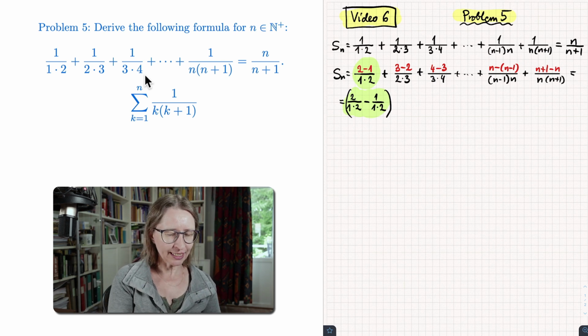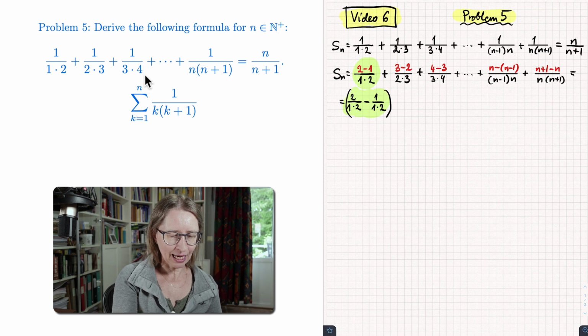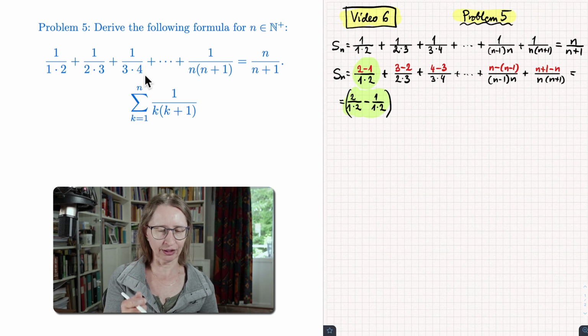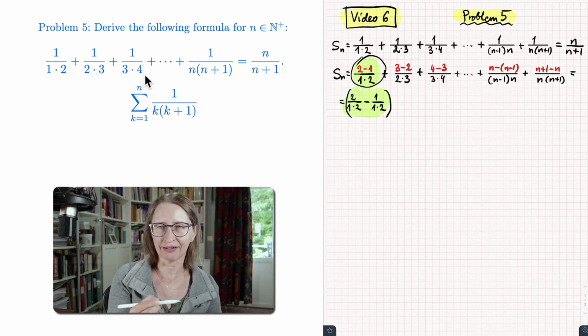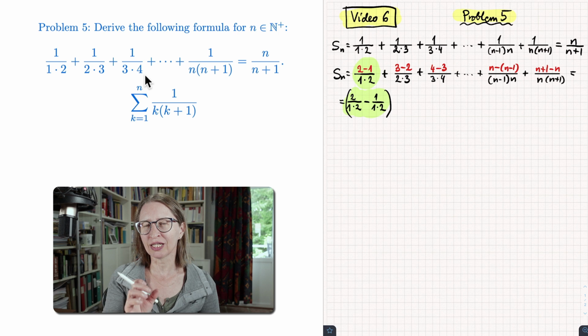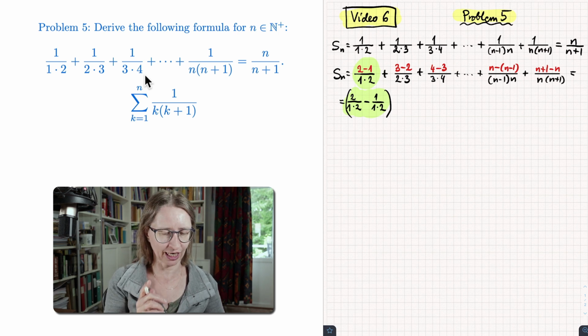Because you see here, I just have a difference of two fractions with the same denominator. And you know that if I already have the same denominator, I can subtract fractions by subtracting the numerators. And this is exactly what I get here. So you see it is exactly the same fraction, but written as a difference of two fractions.